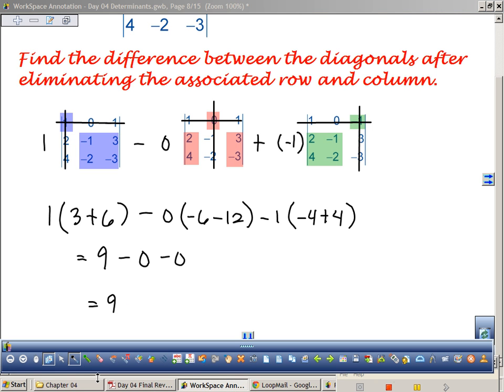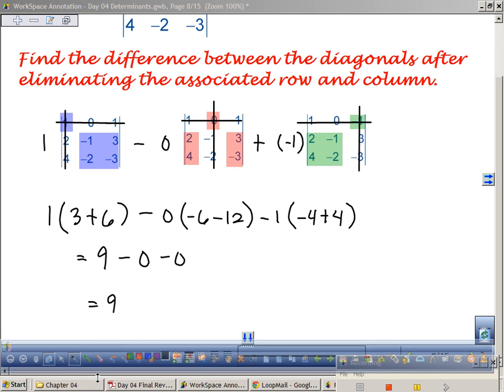Now questions. Evan first. Yes. I'm doing the diagonals just like the other one we did.